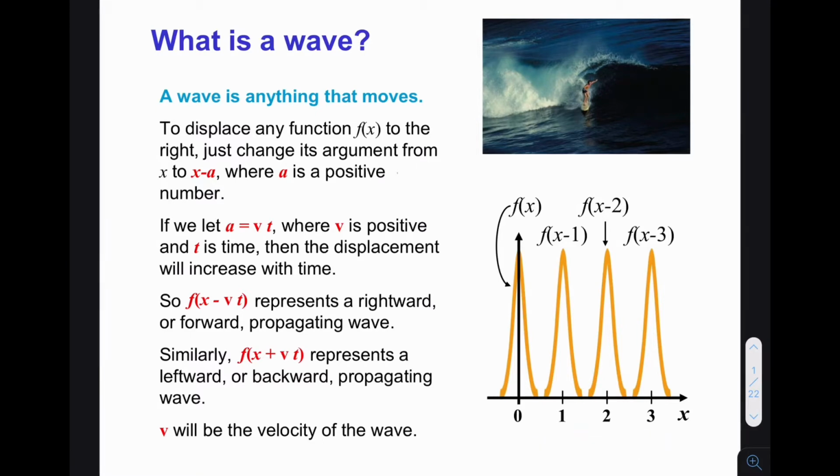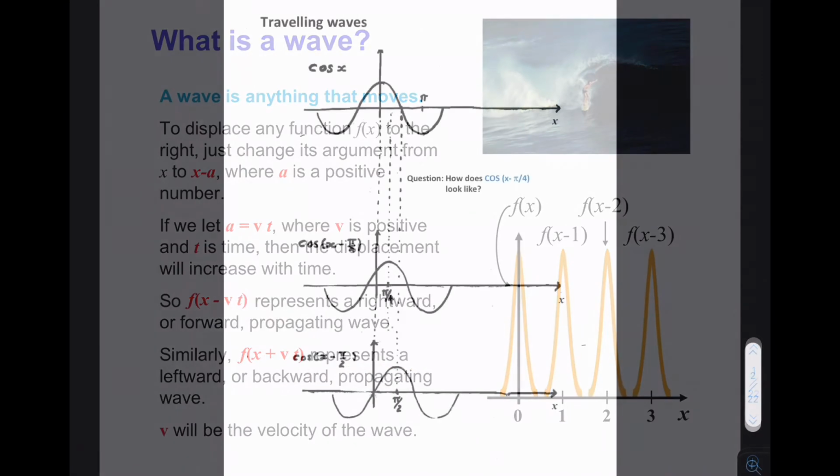This is what we call a rightward propagating wave or forward propagating wave, f(x minus vt). Similarly, f(x plus vt) represents a leftward or backward propagating wave, where v is the velocity of the wave.